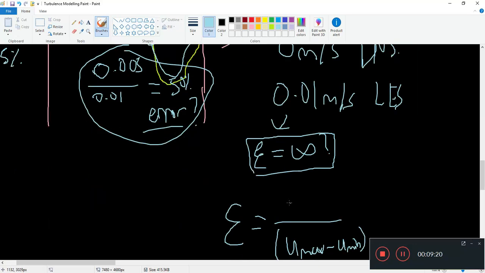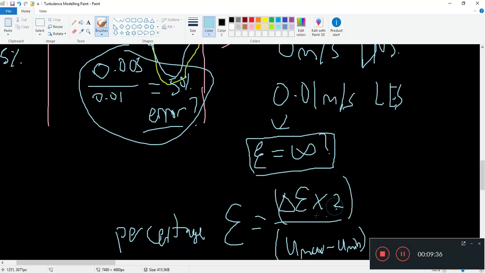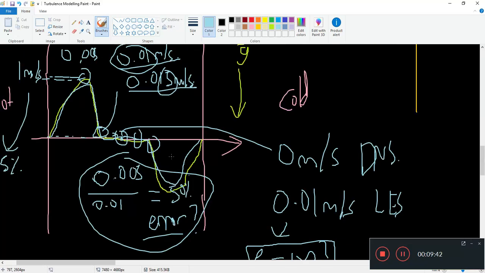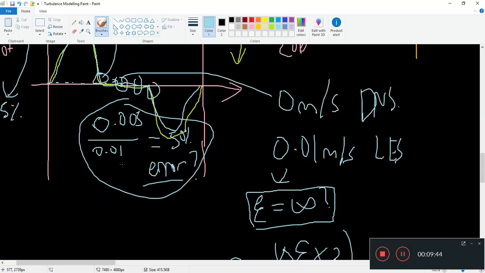Then you can take the error as a percentage error. Then maybe you have the actual error, delta E, your deviation from what it actually is.